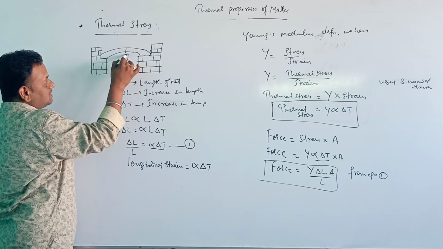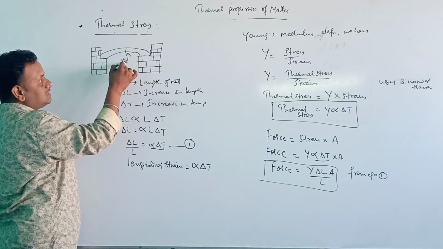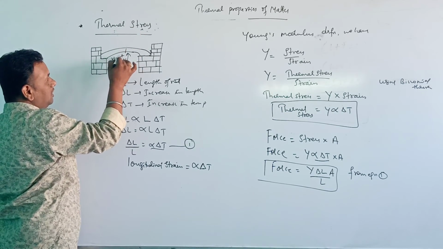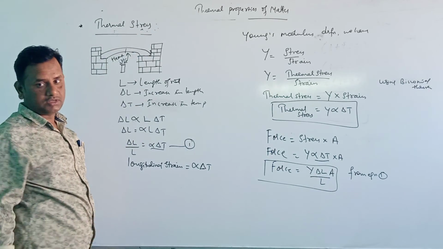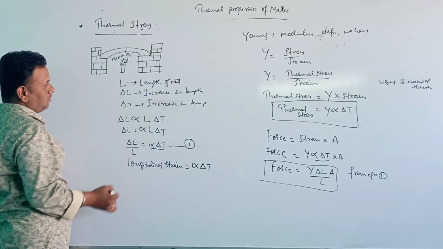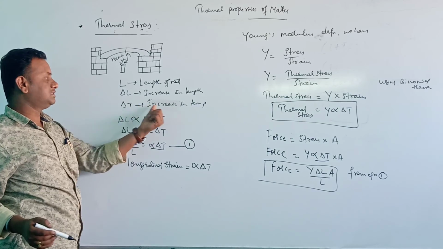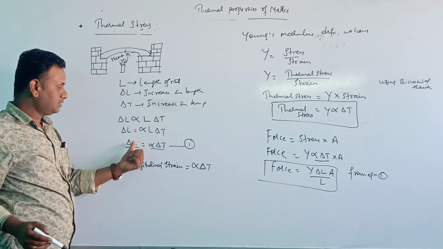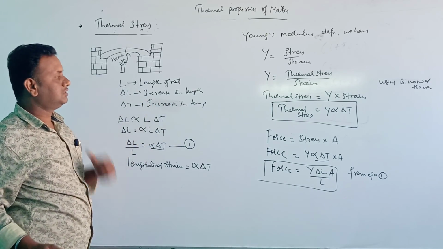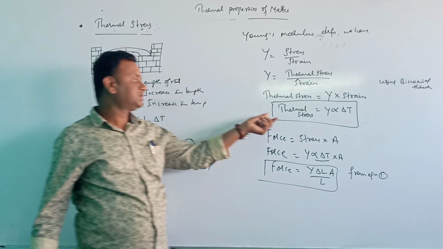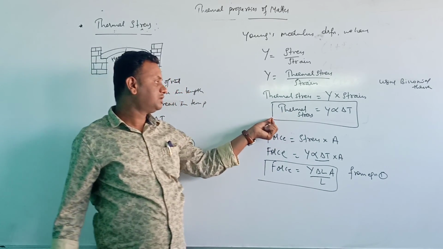So here thermal stress is acting. Here L is the length of the rod, delta L is the increase in length, delta T is the increase in temperature. So just note this derivation. Sometimes they might ask to derive the expression for thermal stress, then you have to derive it.